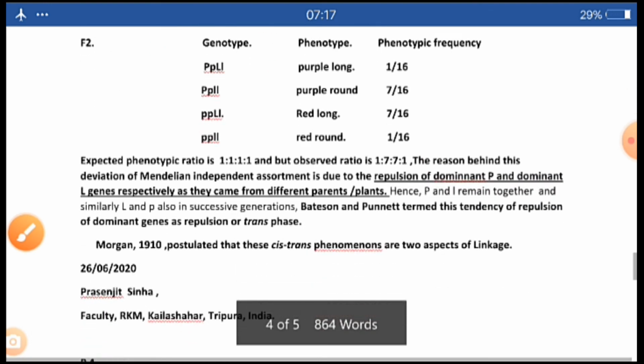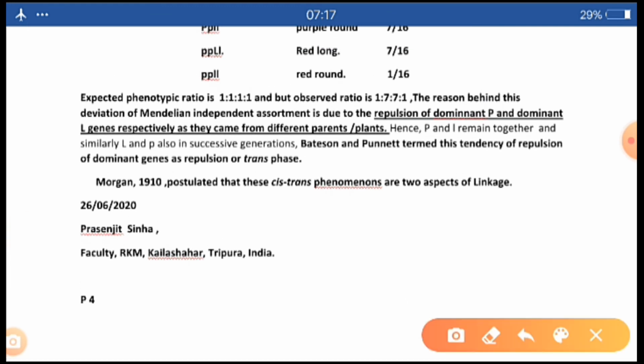To explain this violation, Bateson and Punnett said that since the dominant genes are from different plants, these dominant genes repel each other and didn't want to be together in the gamete. Okay, this phenomenon was termed repulsion phase or trans phase by Bateson and Punnett.